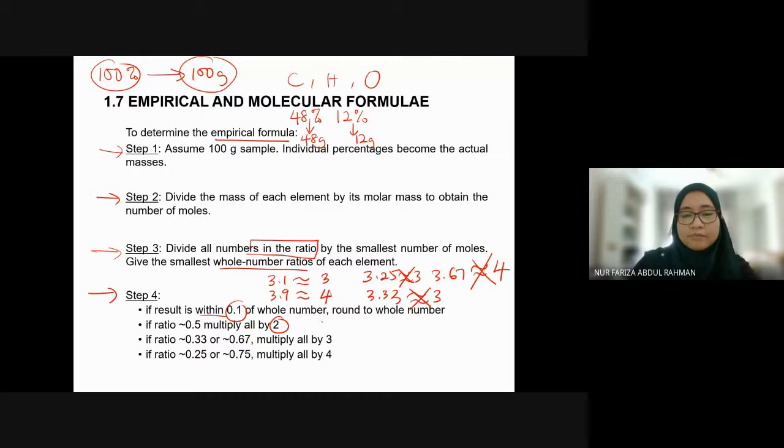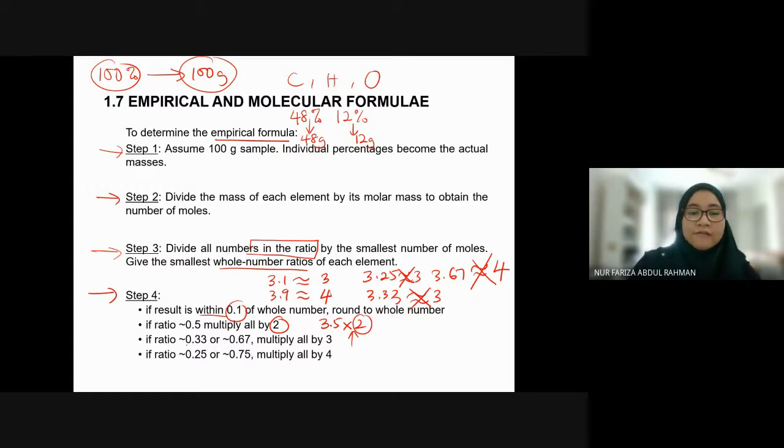Take for example one of the ratios ends up with 3.5. That means you have to multiply all the ratio with 2. Let's say this is for carbon, hydrogen, and oxygen. So all need to be multiplied with a factor of 2, not only for carbon.